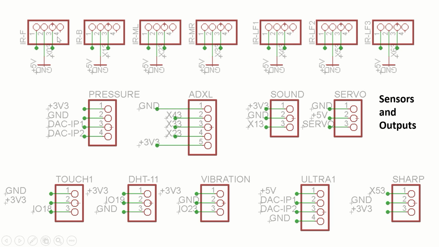You can connect any sensor, any 3 pin or 4 pin sensor, in these female berg connectors. If you carefully look at the pin diagram, pin number 1 represents the supply, pin number 2 represents the ground, and pin number 3 represents the input signal. The input signals are X0, X1, X2, X3, X4, X5, X6.